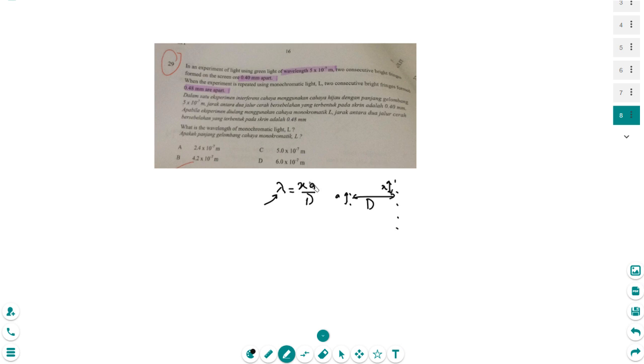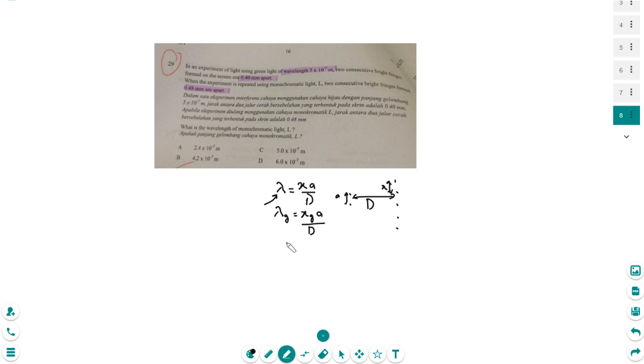So let's say for the green light, we call it lambda G, equals to a x G over D. Now a and D are the same, so watch this.